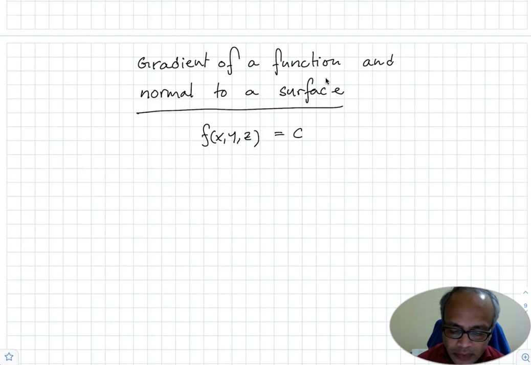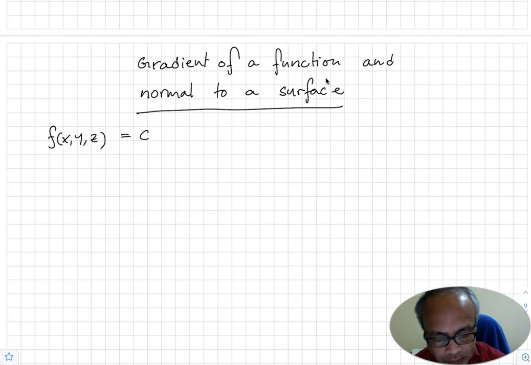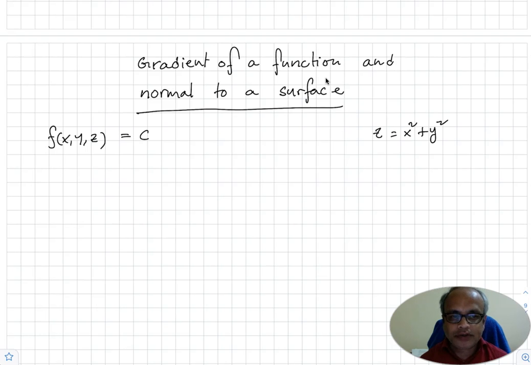Okay, maybe a simple example would be z equal to x square plus y square. We know that z equal to x square plus y square is a paraboloid.